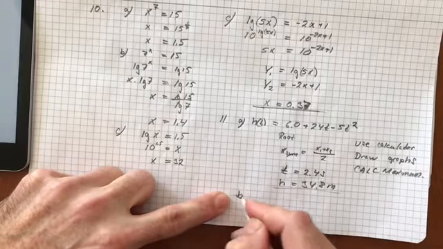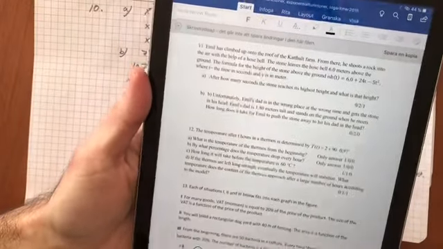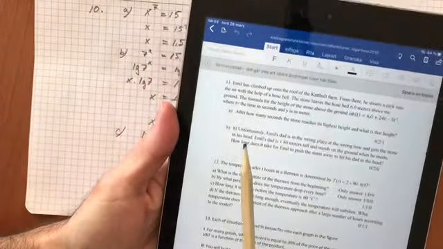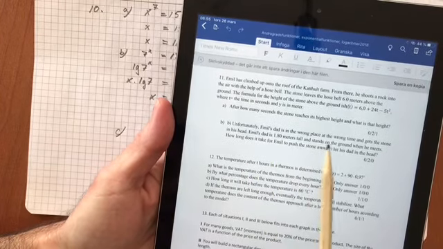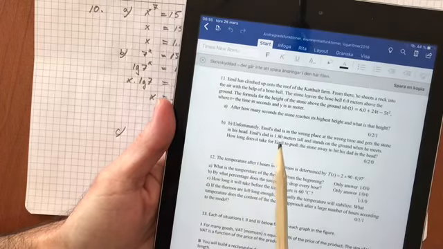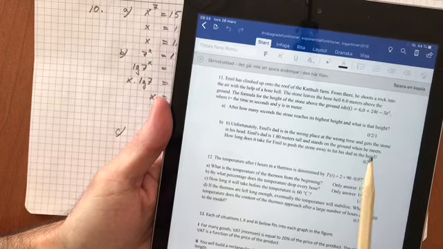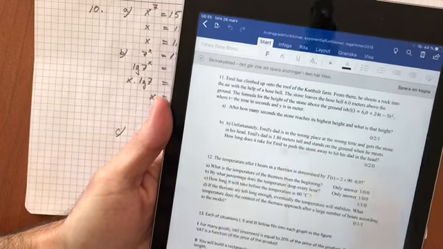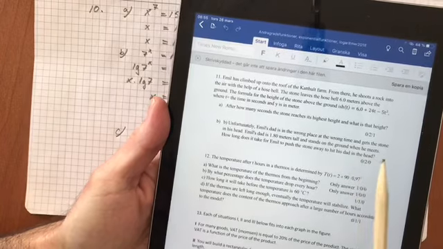The B question, and it's very badly formulated, and it's my fault. I should have looked at it more. It says here now that unfortunately Emil's dad is in the wrong place at the wrong time and gets the stone in his head. Emil's dad is 1.80 meters tall and stands on the ground when he is hit by the stone.